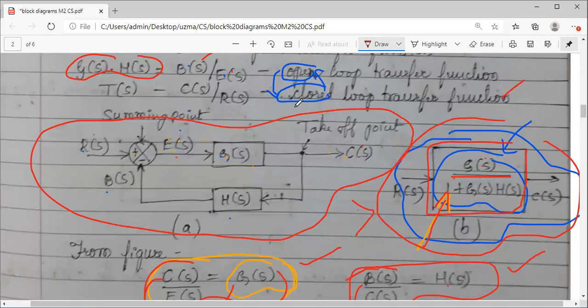When I had a simple closed system, where forward gain is G, feedback gain is H, and R and C are input and output, the transfer function is G divided by 1 plus GH. G is the forward gain, divided by 1 plus the multiplication of these two.